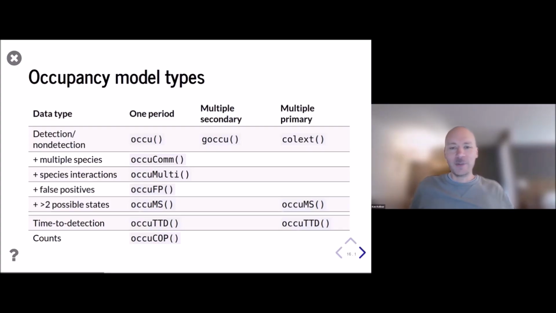Also recently added was the GOCU function, where you can handle temporary immigration or multiple data types. And then the OccuCop function is handy for when you want to estimate occupancy, but you have count data, which is pretty common from something like camera trap data. And as you can see, there tends to be less good support for the more complex temporal structures. Someday we'd like to fill in those gaps. We'll see if it ever happens, though.